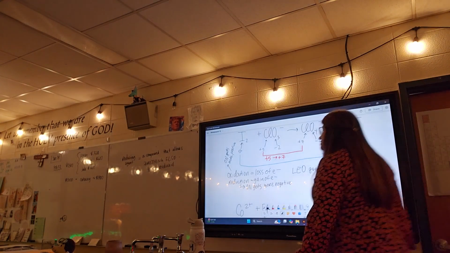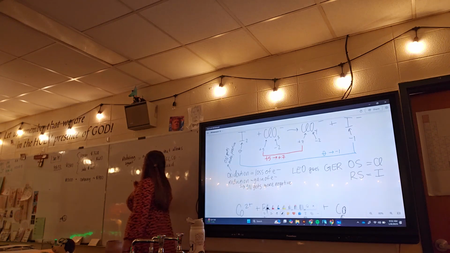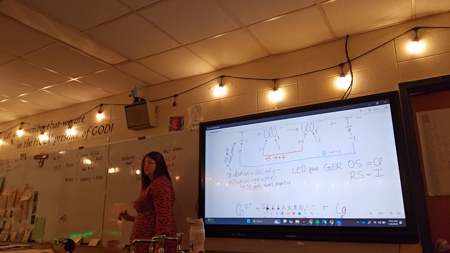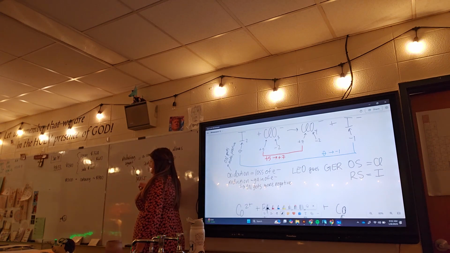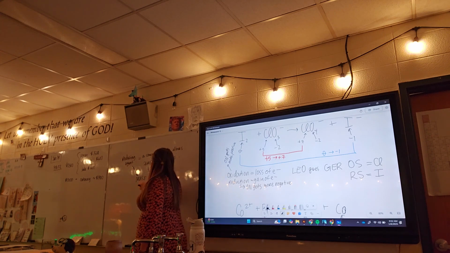So if you're a reducing agent, what do you have to do? You have to be the one that loses. So the reducing agent is a compound that must contain the oxidized species.